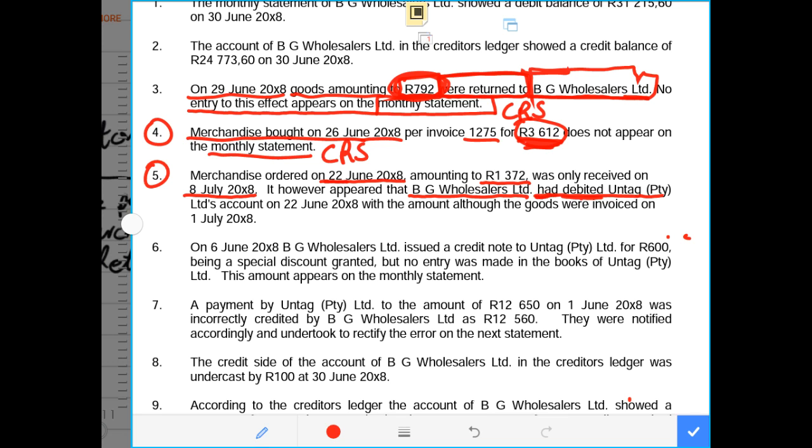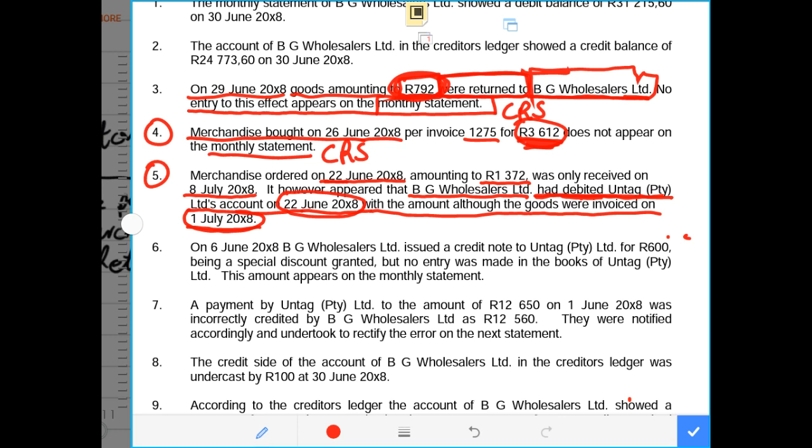So it says they had debited Antec Ltd's account on the 22nd of June 2008 with the amount, although the goods were invoiced on the 1st of July. So they debited us on the 22nd of June, yet the invoice was for the 1st of July, meaning the following month.